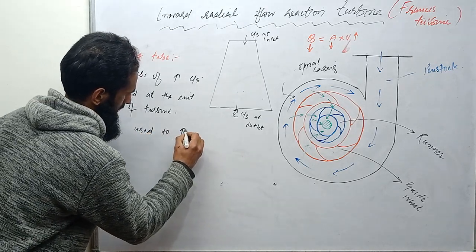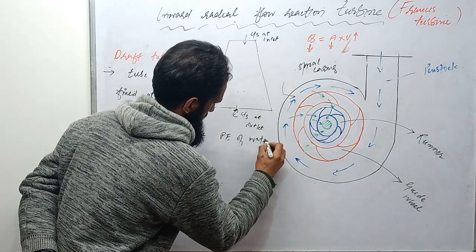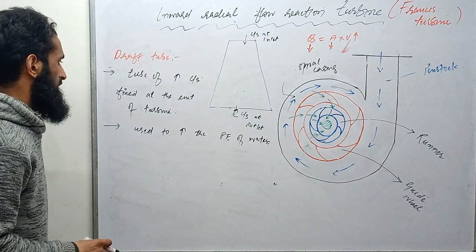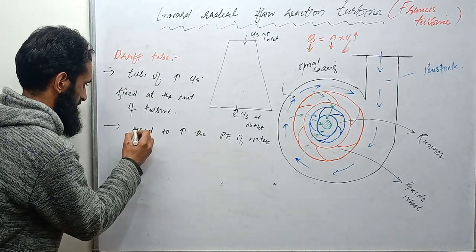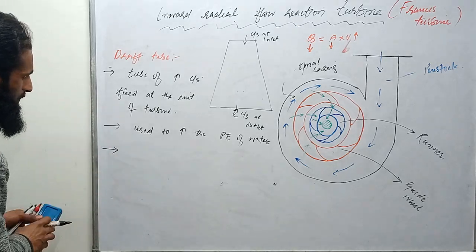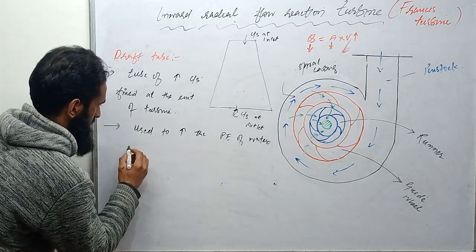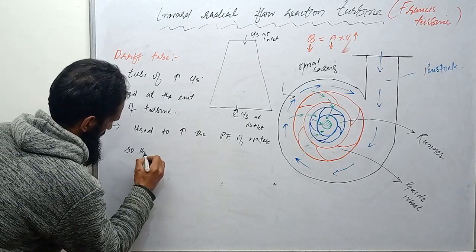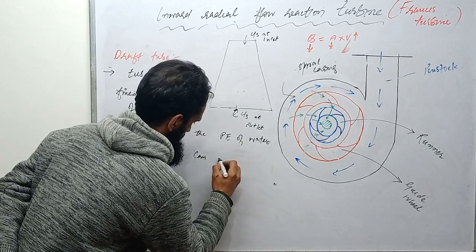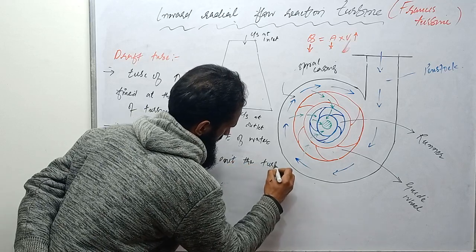It is used to increase the pressure energy of water so that water can exit the turbine.